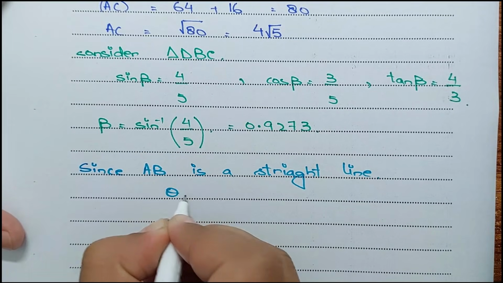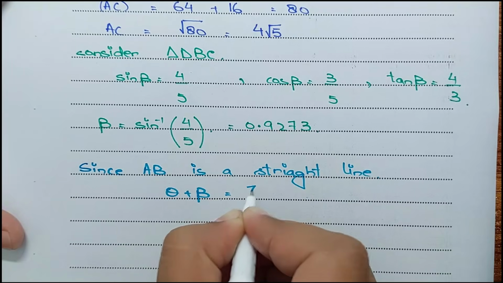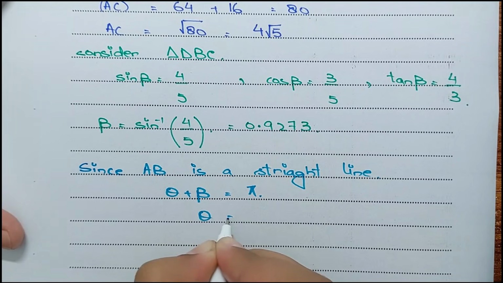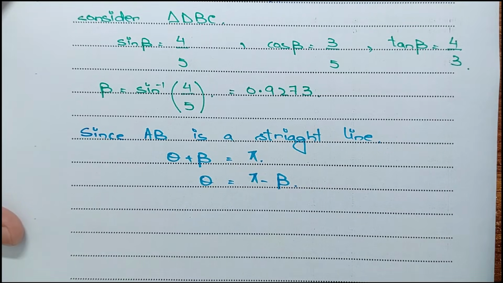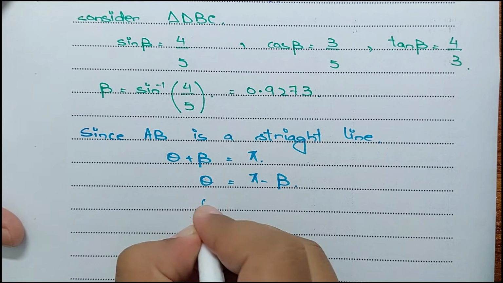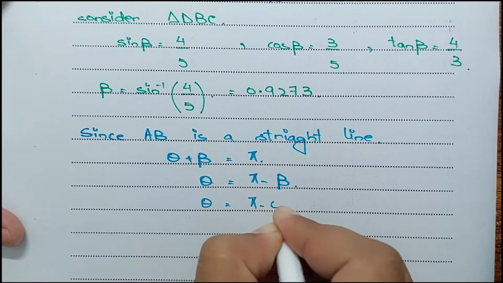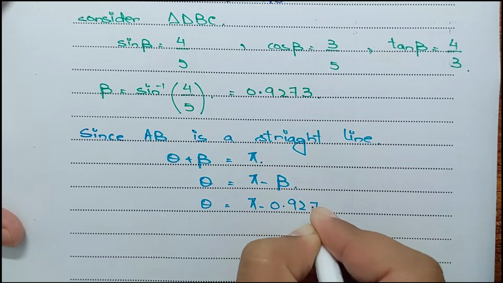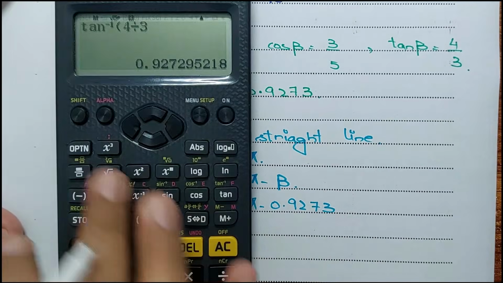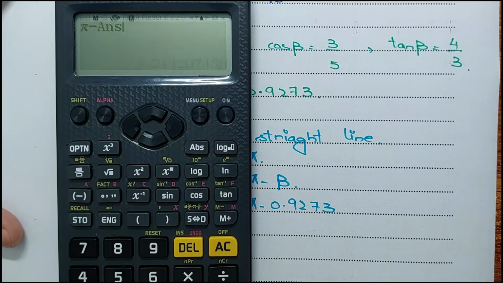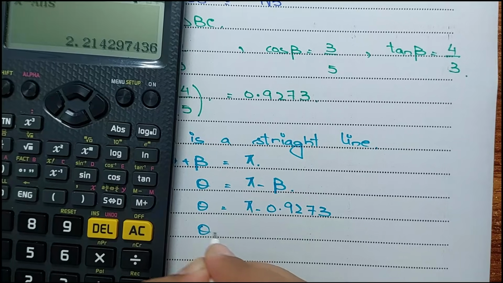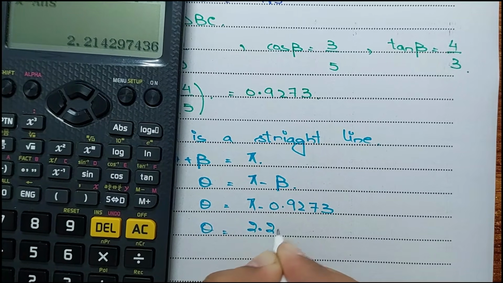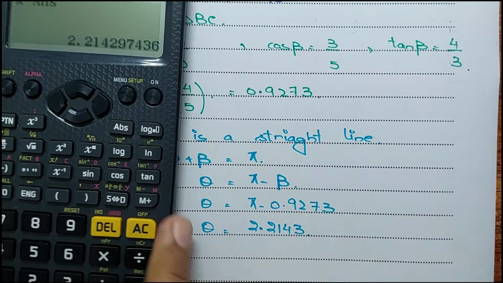So theta plus beta should be equal to pi. So theta is pi minus beta. Let me solve for theta from here. Theta would be equal to pi minus 0.9273. Pi take away that answer, theta is 2.2143. Theta is 2.2143 radians.